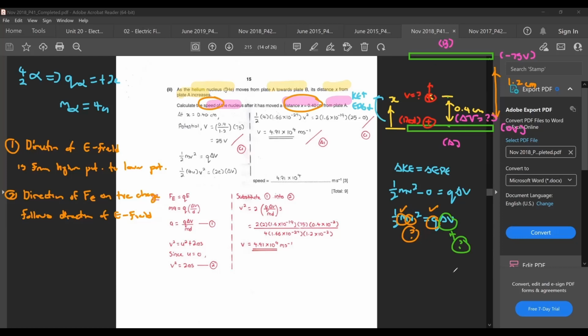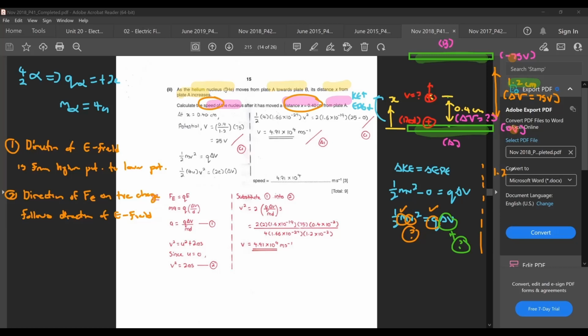Okay, so you can actually use something like a ratio here. You see, between plate A and plate B, for a distance of 1.2 centimeter, what's the potential difference between the 2 points? It is 0 minus negative 75, right? So here, I can say that my potential difference is 75 volts. So what I want to do now is this.